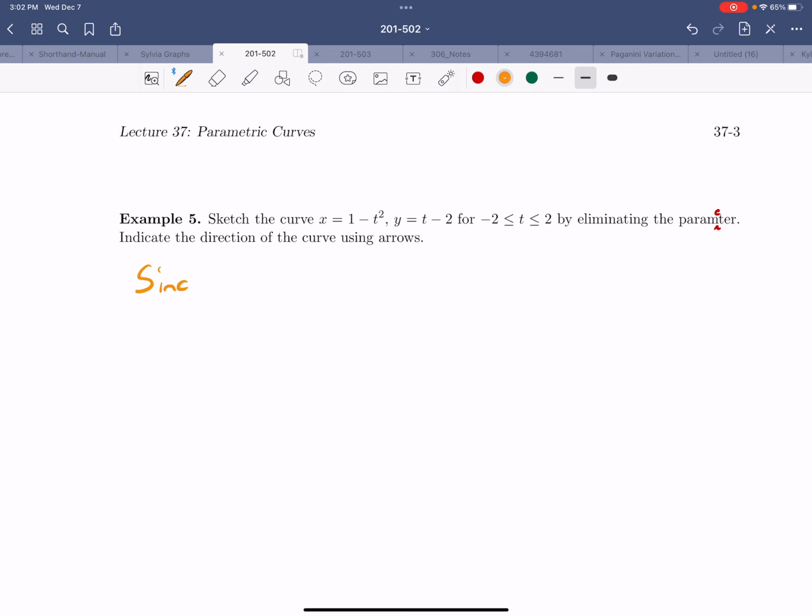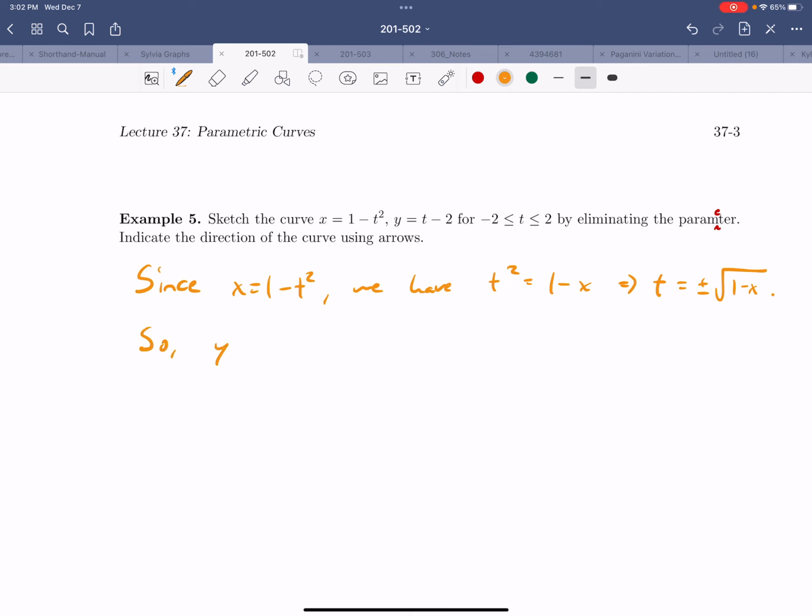We could say since x equals 1 minus t squared, we have t squared equals 1 minus x, and that implies that t equals plus or minus the square root of 1 minus x, right? Be careful about that. We need the plus or minus, okay?